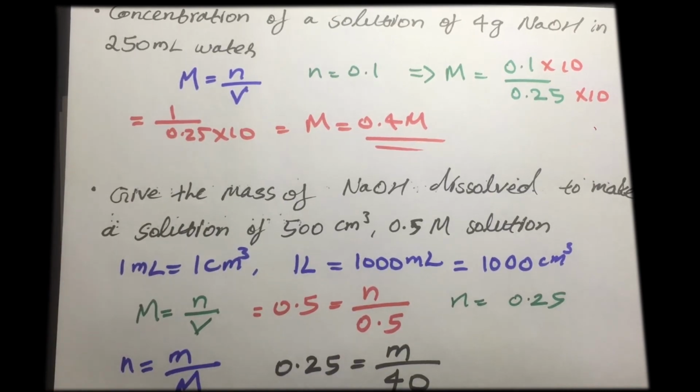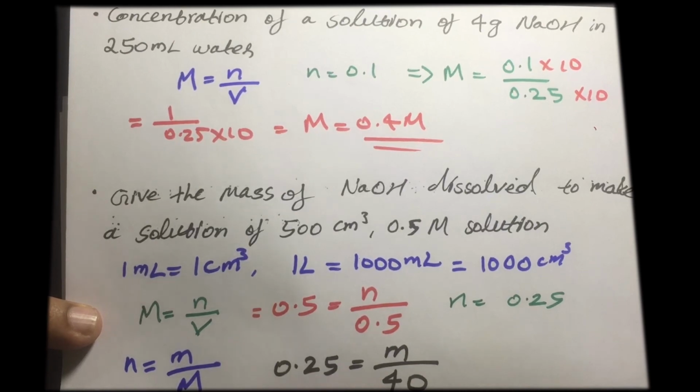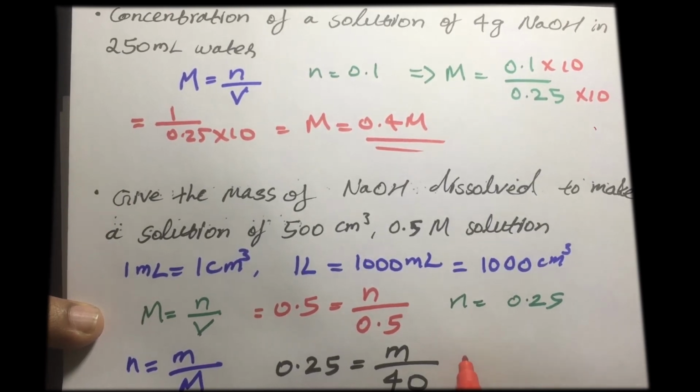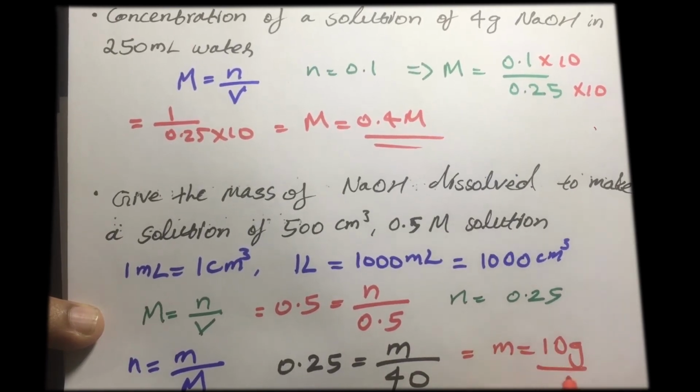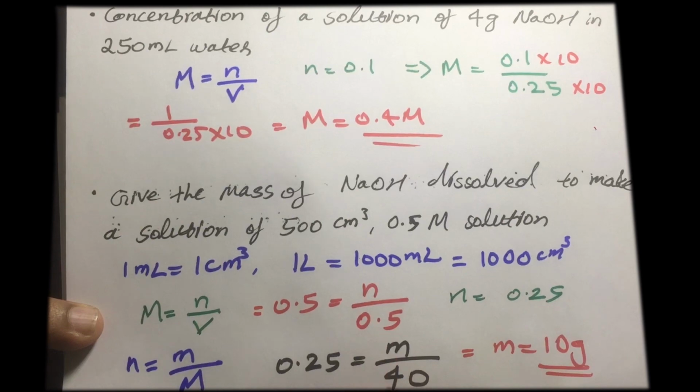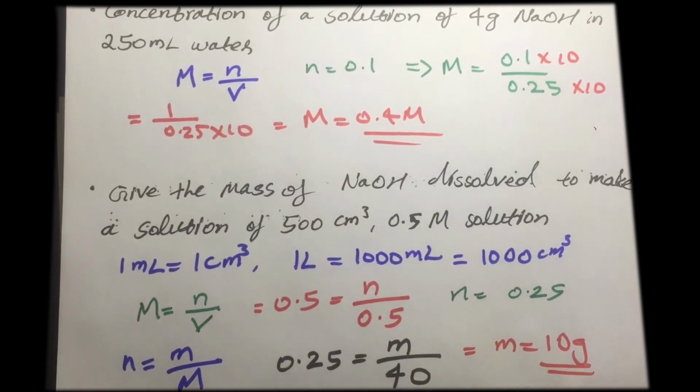So mass of NaOH will become 40 into 0.25. 4 into 0.25 is 1, 1 into 10, 10 gram. So m will become 10 gram.